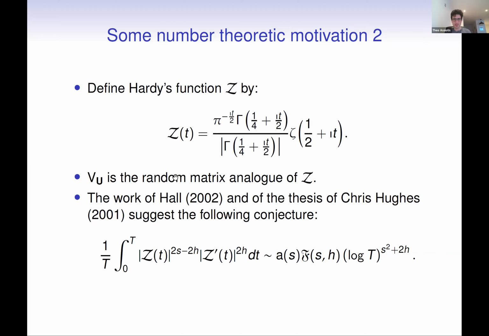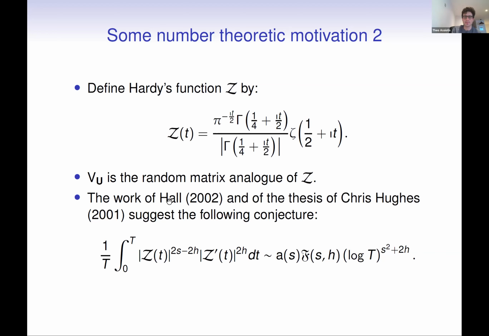The thing I'm considering is the random matrix analog of Hardy's function. Again, this is real valued for real t, and its absolute value is exactly the absolute value of the zeta function on the critical line.